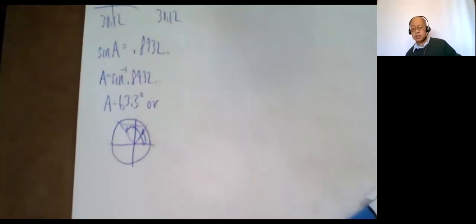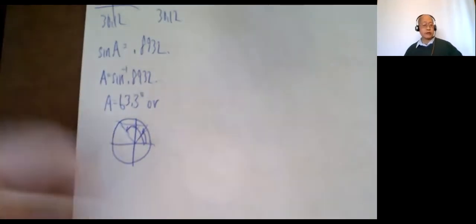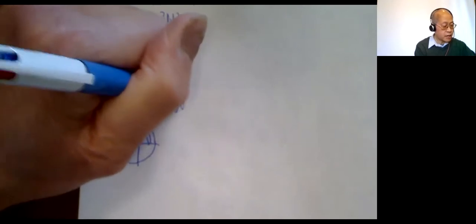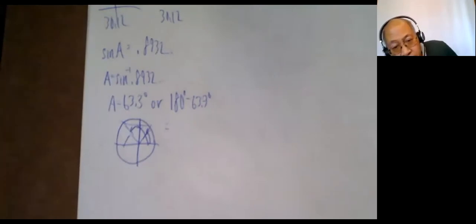So you might have two possible triangles. How do I figure this? This is 63.3, so 180 minus that. Okay, so 180 minus 63.3.